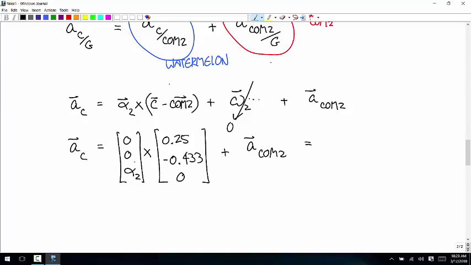That cross product is positive 0.433 alpha 2, positive 0.25 alpha 2, plus a center of mass of 2 x and y components.